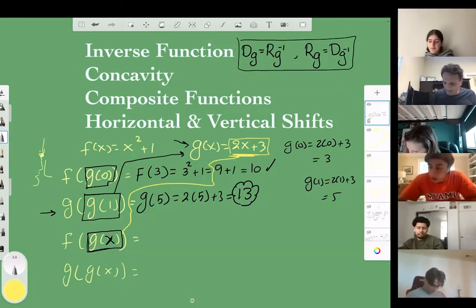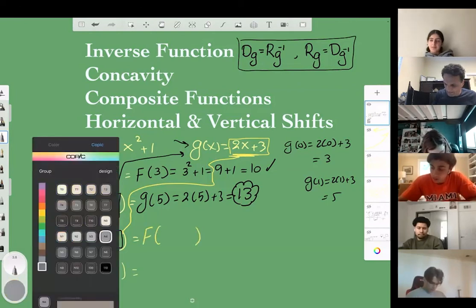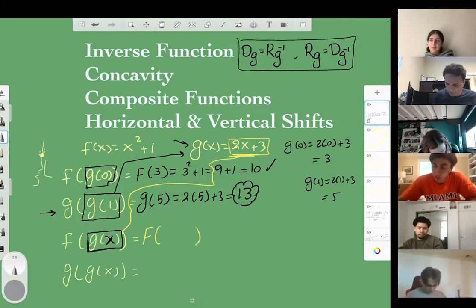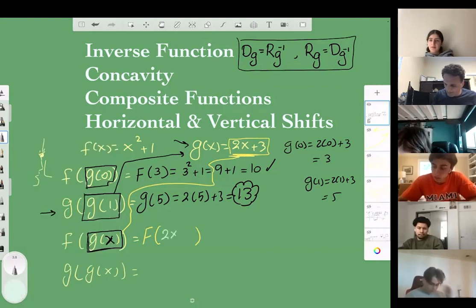So basically, they're asking us, what is f of 2x plus 3?